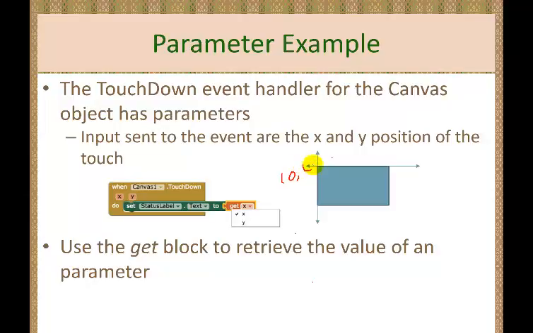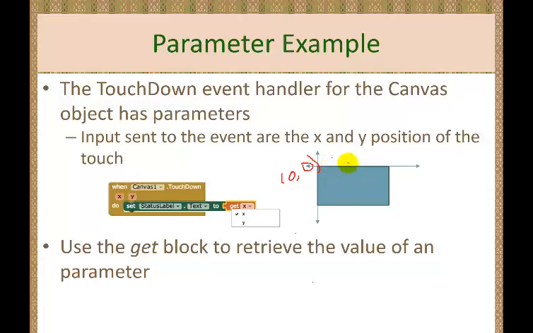Now let's relate that to your Android rectangle. So a canvas component is a rectangle that you can write on, such as a painting canvas. And the corner of this rectangle, the left top part of that rectangle, is 0, 0.